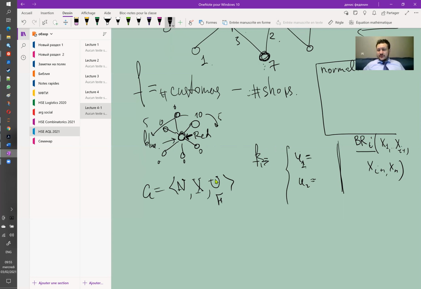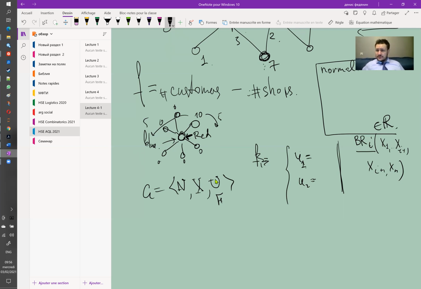Sometimes best response is not only one number, but a set of numbers. Here we can consider, well, I think we can start from the variant where best response is a function. So the result is not a set, but a number, for example, a number from real numbers.